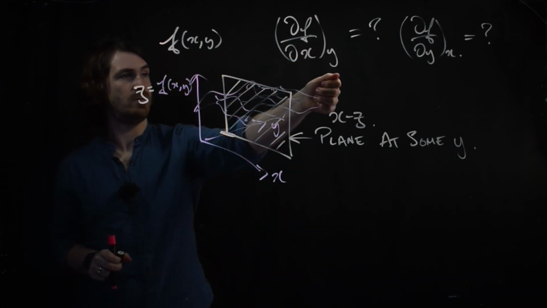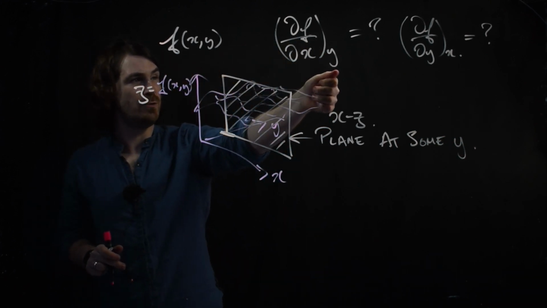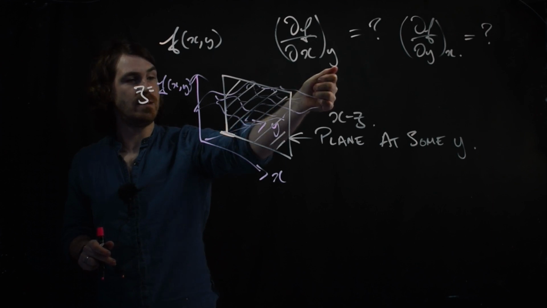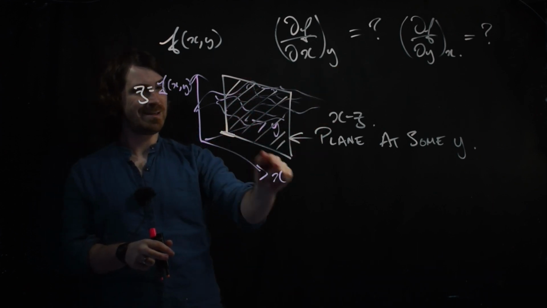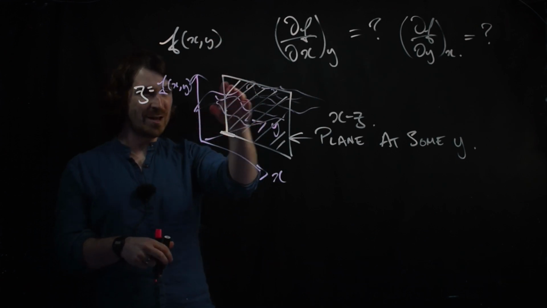And in practice, if you're calculating a number, you want to know what this value of y is. Okay, so we've got this plane in xz, and this plane intersects the surface.